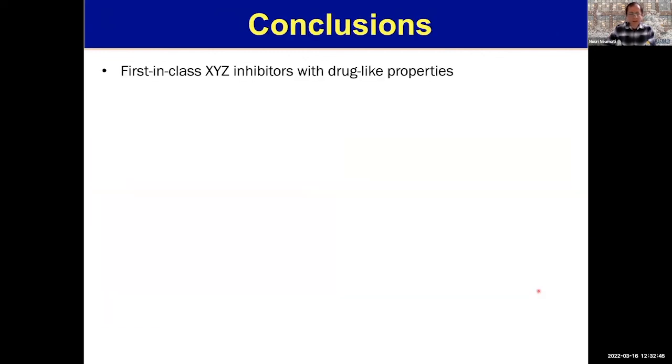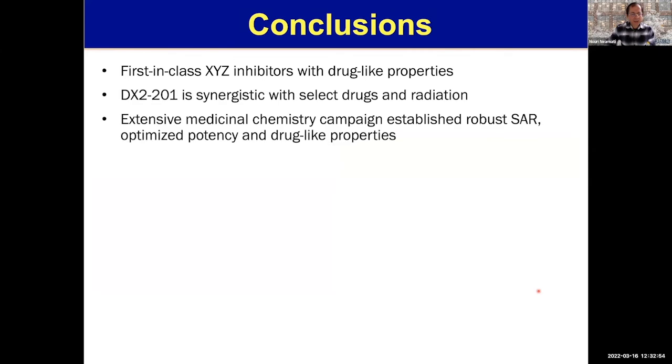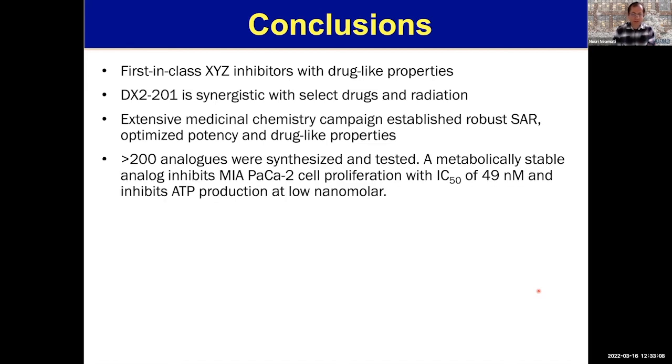So in conclusion, we have first-in-class inhibitors of this target that I would like to discuss in the future, hopefully. And we generated lots of analogs that show it's synergistic with select drugs as well as radiation, and an extensive MedChem campaign established SAR. So we know exactly how these molecules work, how they bind, where to improve, and we have over 200 analogs.